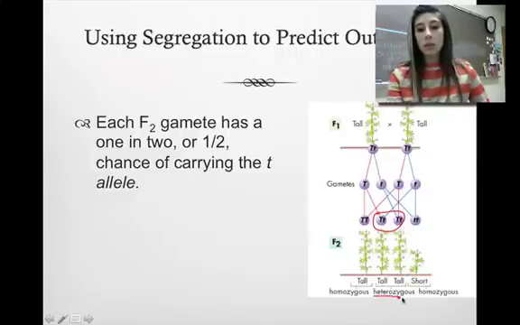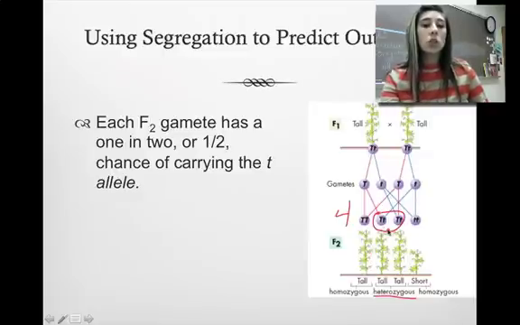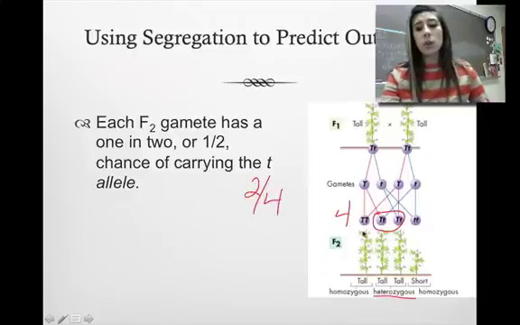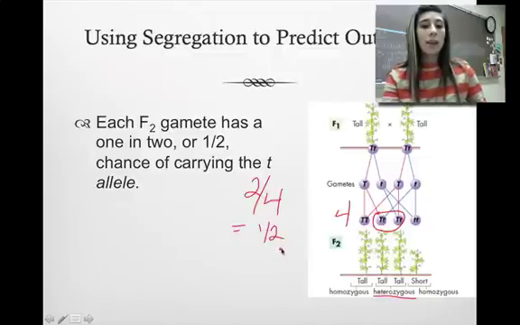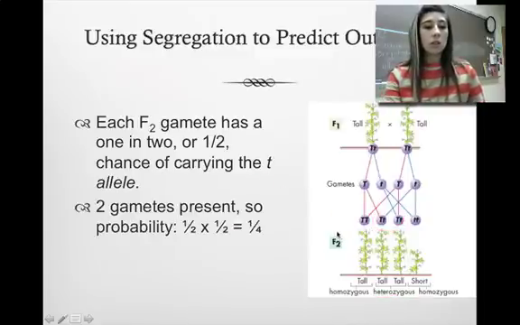Those are our heterozygous, and that means there's 4 possibilities of gametes that could show up in the F2 generation, but only 2 of them, 2 out of 4, are going to be carrying the little t allele, which you can reduce to 1/2. So 1/2 of your chances are going to carry the little t allele.